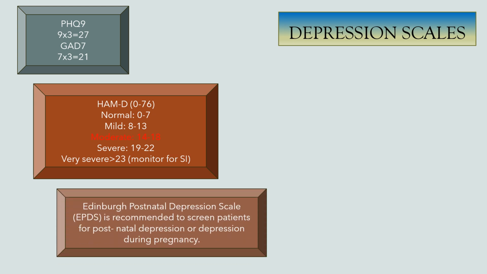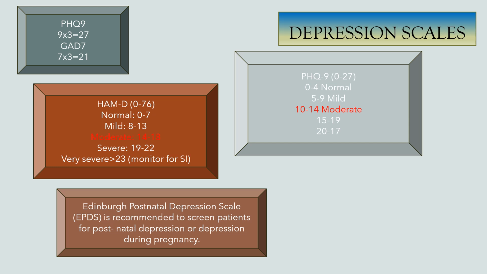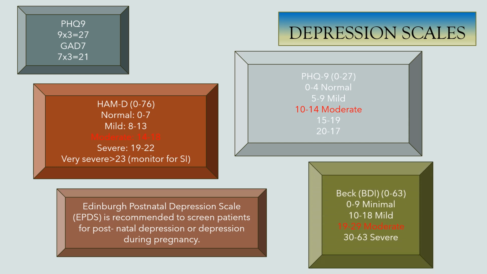Edinburgh Postnatal Depression Scale is recommended to screen patients for postnatal depression or depression during pregnancy. PHQ-9, moderate, is 10 to 14. Beck or BDI, moderate, is 19 to 29.